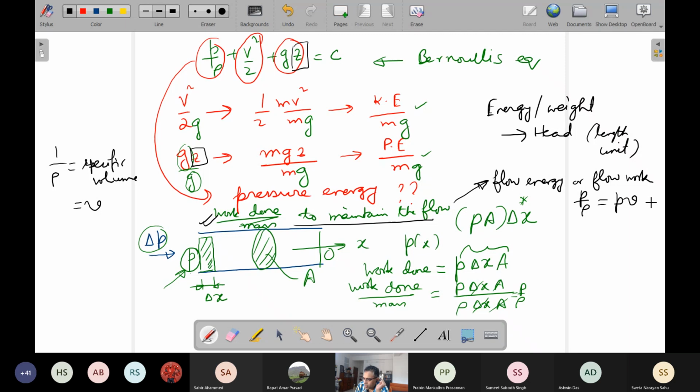So if you recall, in thermodynamics, if there is a thermal system that is not flowing, its thermal energy is represented by internal energy.